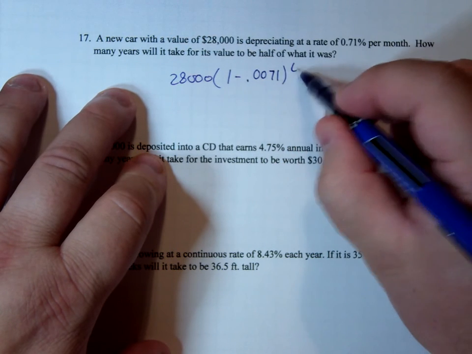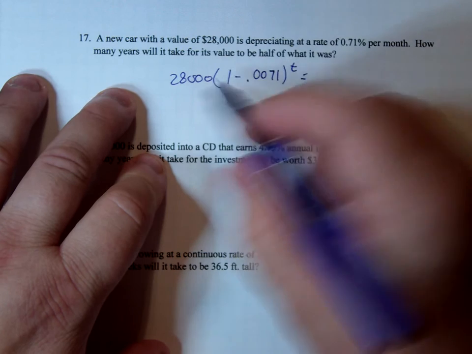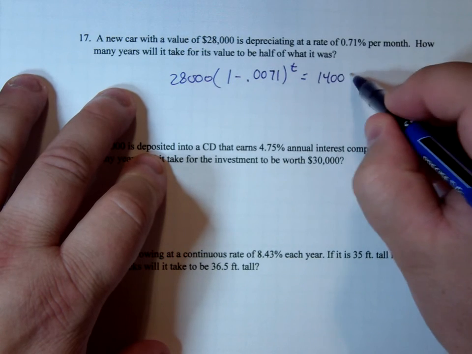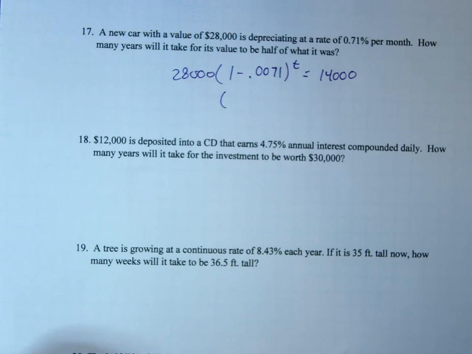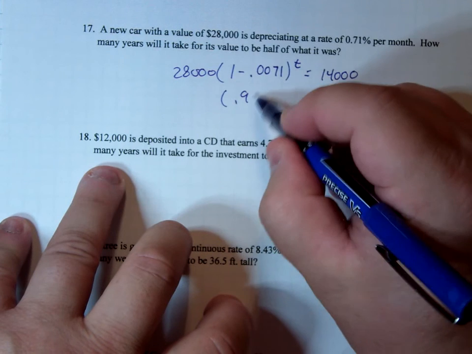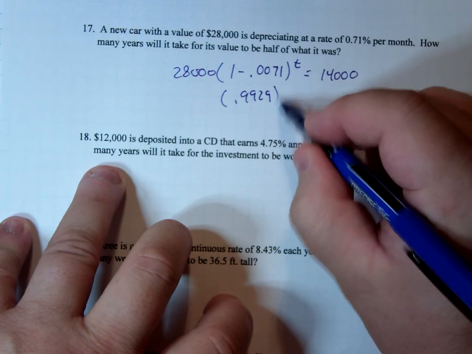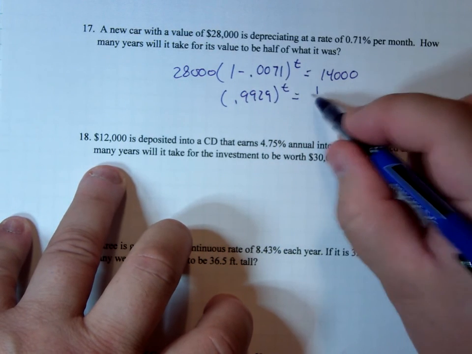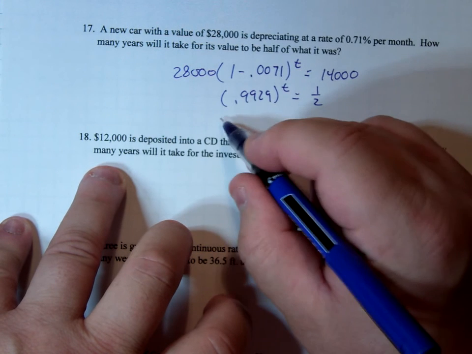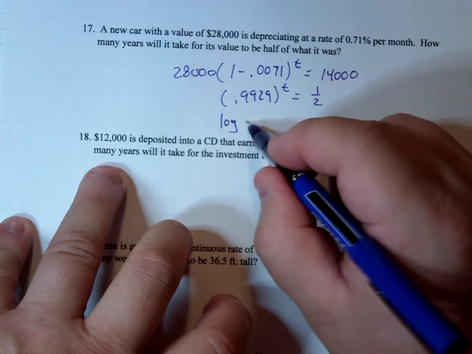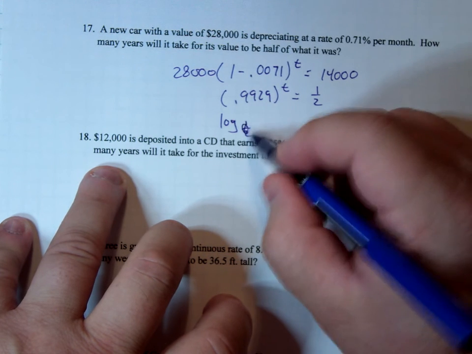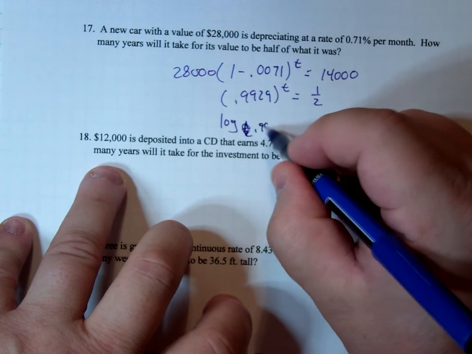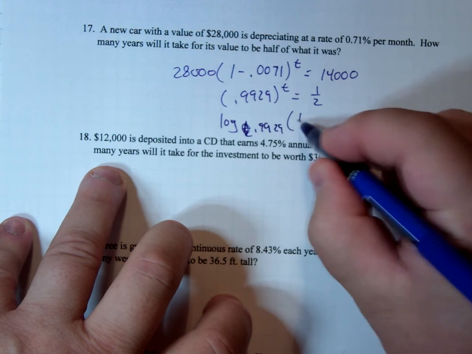When will that equal half? Is 14,000. So when you divide them, 1 minus 0.0071 is 0.9929 to the t power. When will that equal half? So the log base, or not base 1/2, sorry, log base 0.9929 of 1/2 will equal t.